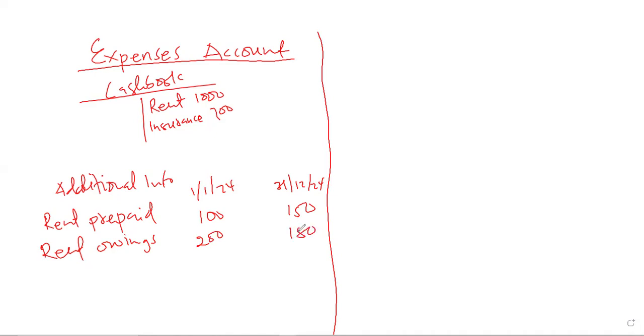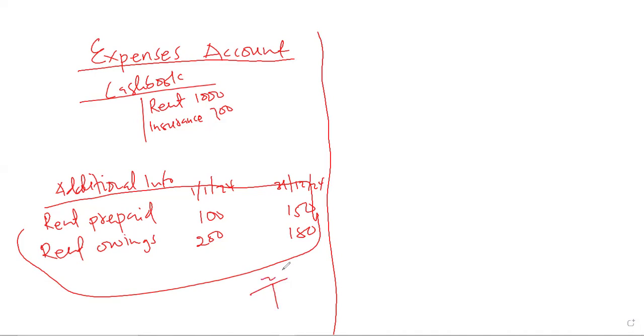So in a single entry question where you have this, rent in the cash book is 1,000 cedis, and you find additional information like rent prepaid and rent owings. As soon as you see this information, you should know that there is a need for you to open a rent account. Why?